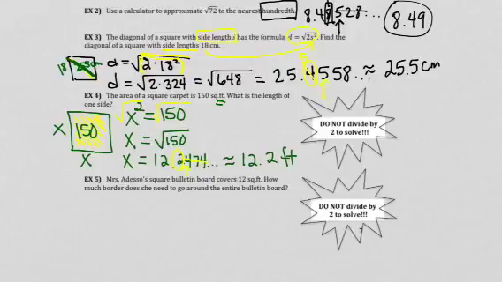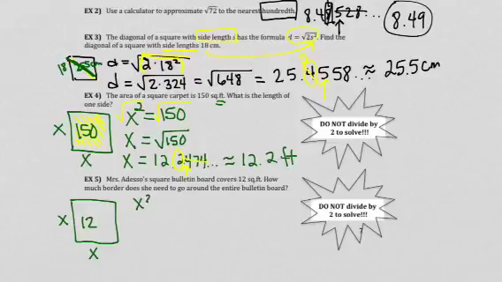In this last example, Mrs. Adesso's square bulletin board, so we're going to start again with a square, covers 12 square feet, so the inside is 12. And we don't know the outside. So we're going to start the same way we did example 4.